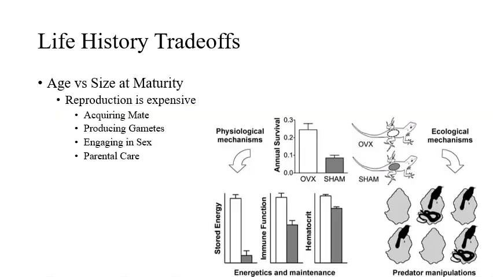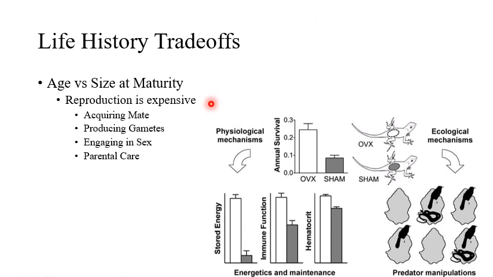A trade-off that organisms must consider is the age versus size of reproduction at maturity, right? So what age do you reach sexual maturity? How big are you at sexual maturity? Do you allocate your energy into reproduction, or do you allocate your energy into growth? If you think about it, reproduction is very expensive.